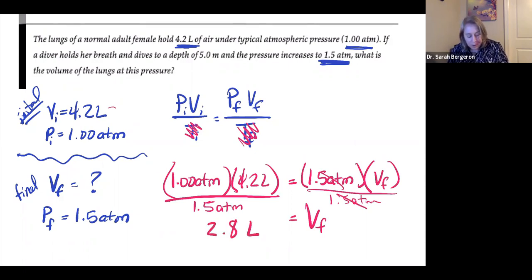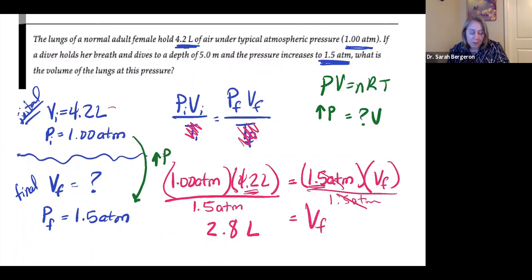And so your lowest number of sig figs is 2, so your answer should be in 2. And my question to you is, does this make sense? So if you remember your gas law, PV is nRT, right? What did we do when we went from our initial to our final condition? We increased our pressure, okay? So if I increase pressure, then what's gonna happen to volume?